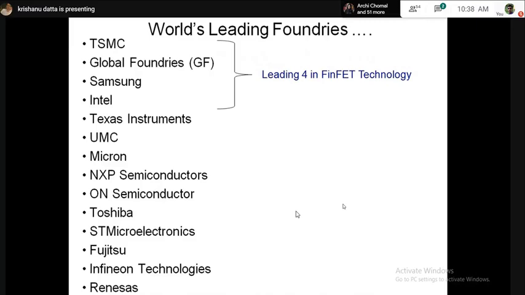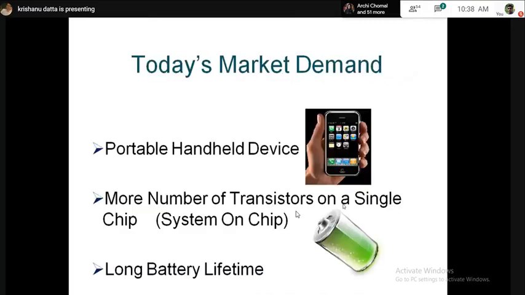Let's talk a little bit about today's market demand. Where we see the market, in the electronic industry, almost all devices are portable handheld devices. Everybody wants to use this type of device. Everything is wireless, very easy to use, light, etc. And the number of transistors keeps on increasing. That is why we have system on chip.